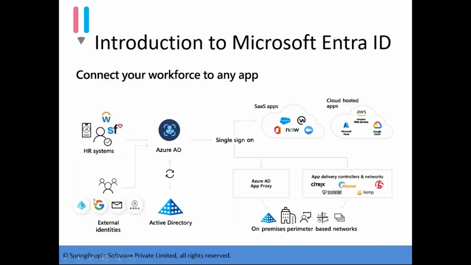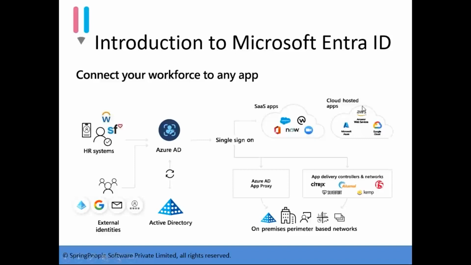Suppose you want to combine any other Active Directory, or multiple accounts in Azure or Microsoft 365, with the present Active Directory, or say Google accounts, or if you're using GCP or AWS. Those active entities, you can integrate with Azure AD, and you can provide single sign-on to any of the SaaS applications, like Microsoft 365, Salesforce, and the other applications which are available.